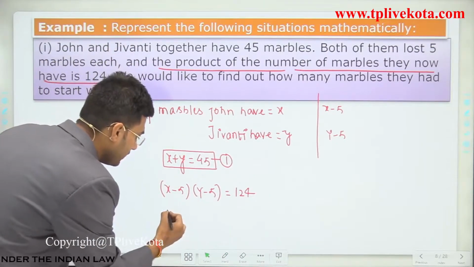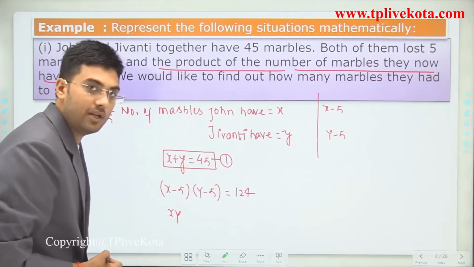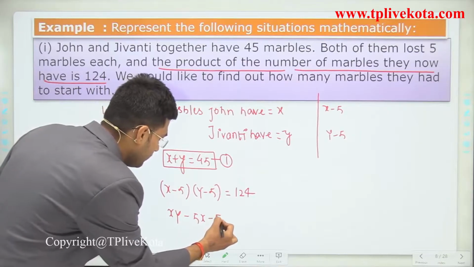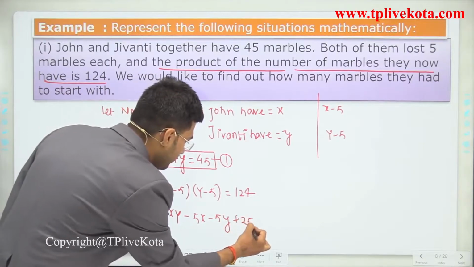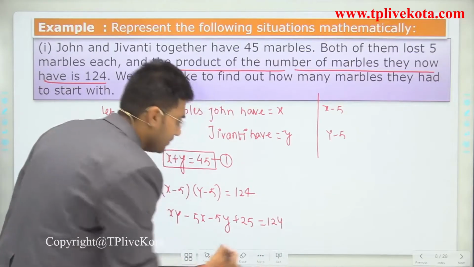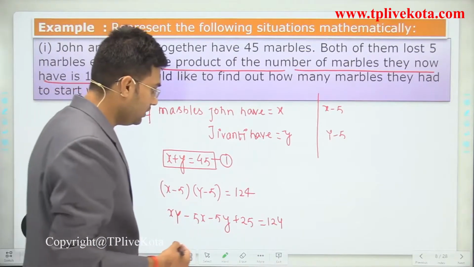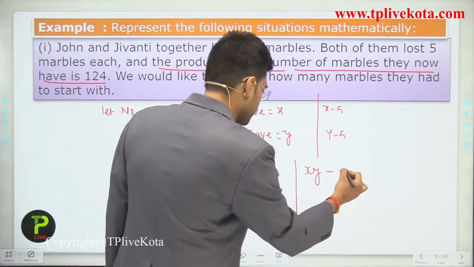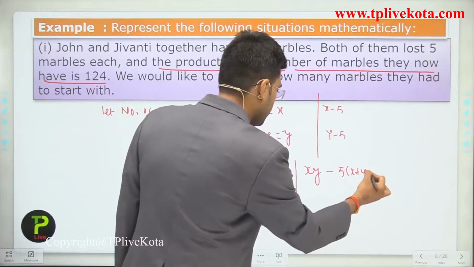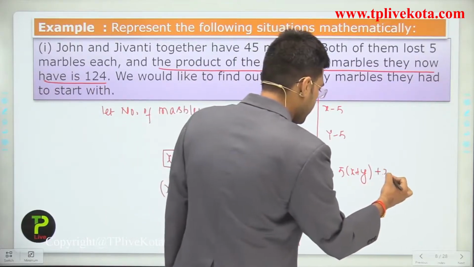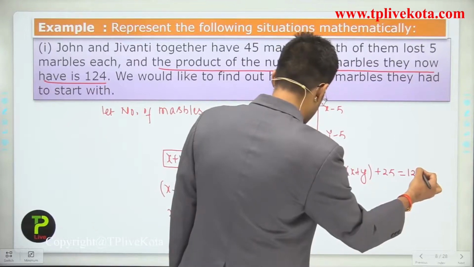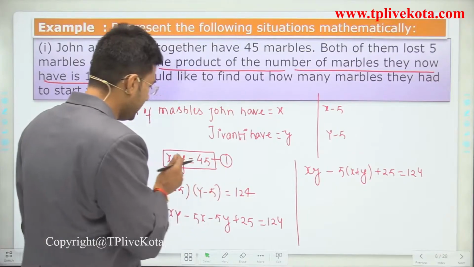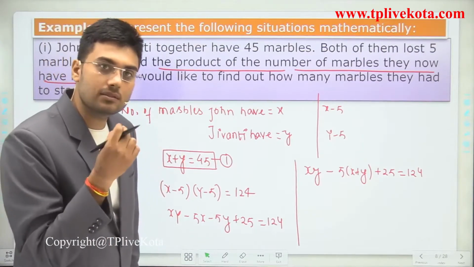And when we solve this, what will we get? xy minus 5x minus 5y plus 25 is equal to 124. Clear? Now it becomes xy minus 5(x plus y) plus 25 equals 124. From equation 1 we can write y is equal to 45 minus x.